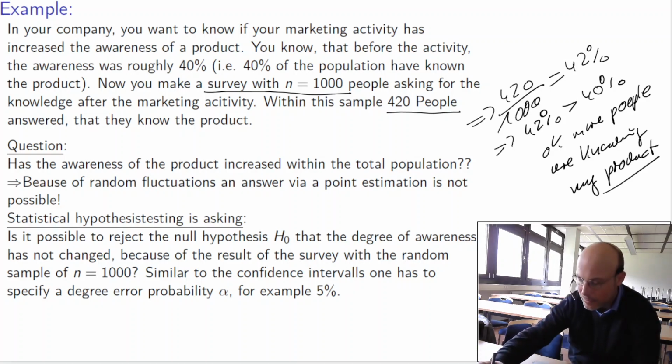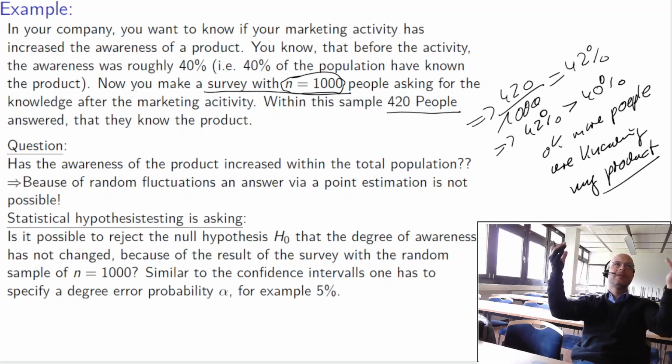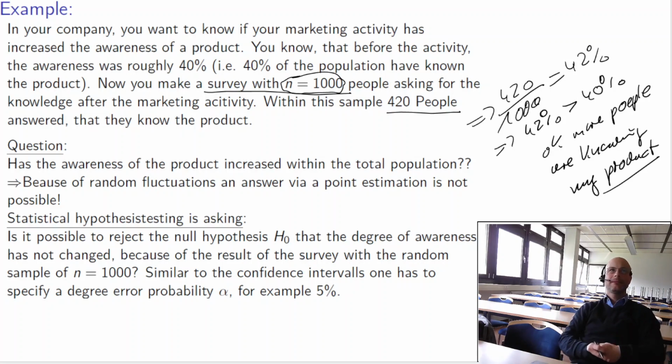Because here we asked specific 1,000 people. We could also go downtown and ask another 1,000 people, and maybe in this sample of other 1,000 people, only 390 people answered that they know your product.